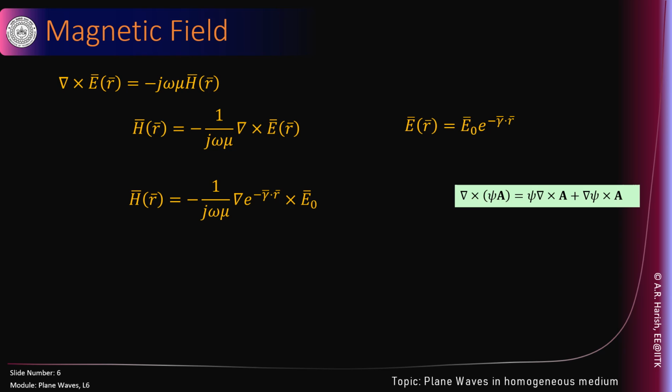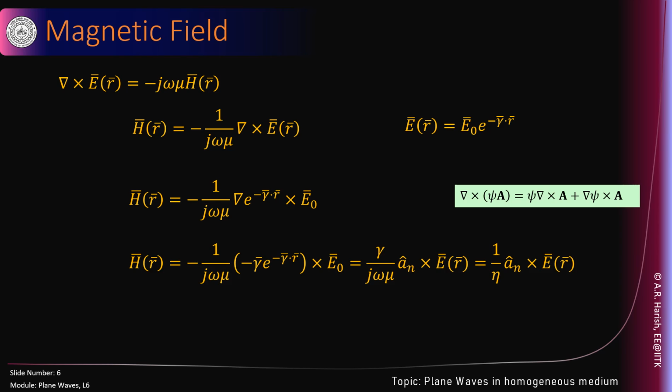So H is very nicely expressed here. We also know del of e to the power of minus gamma dot r is minus gamma bar times e to the power of minus gamma dot r, cross E naught, of course, that is there. And we can rearrange the terms and write it as gamma upon j omega mu an cross E. If I define j omega mu upon gamma as eta and give it the name intrinsic impedance of the medium, then H is 1 upon eta an cap cross E. Oh, there's something very interesting here.